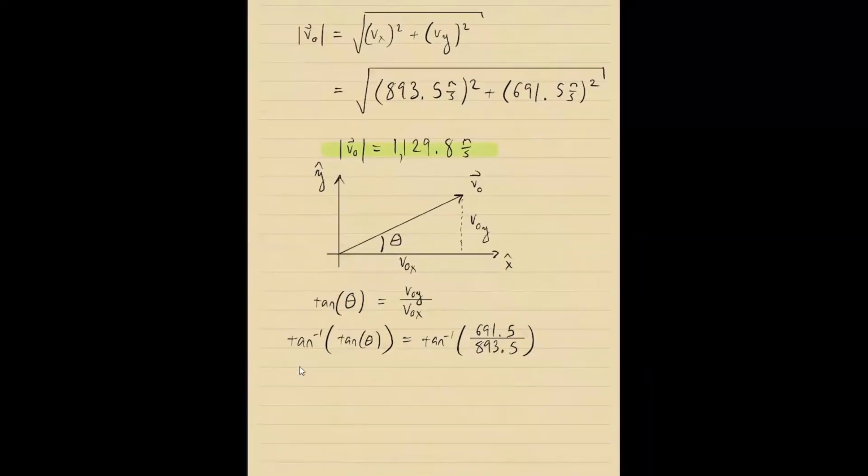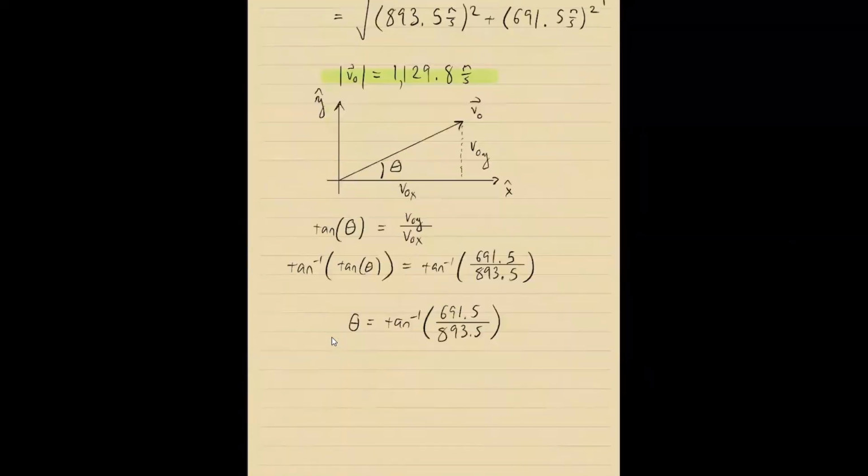And so the left-hand side is tangent inverse of tangent of theta, which just gives us back theta. On the right-hand side, we have tangent inverse of 691.5 divided by 893.5.